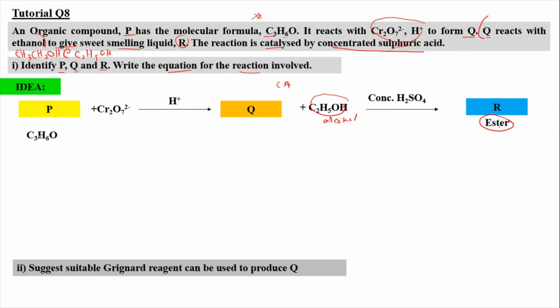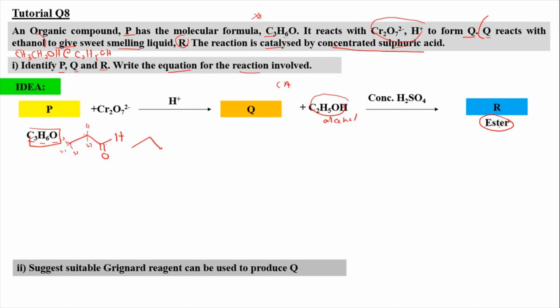So for the P here, as you look into the structure, you're going to have C3H6O. So if you were to draw 1, 2, and 3, and let's say I make an aldehyde here, it's going to have a consistent molecular formula, which is 3 carbons, and then hydrogen is going to be 6, and oxygen is going to be 1.